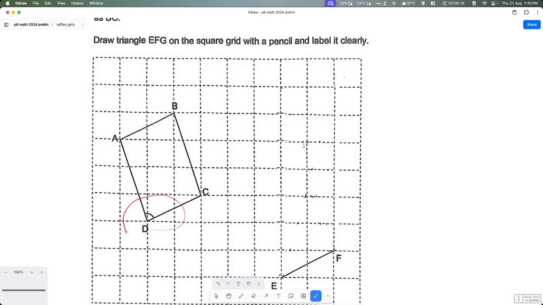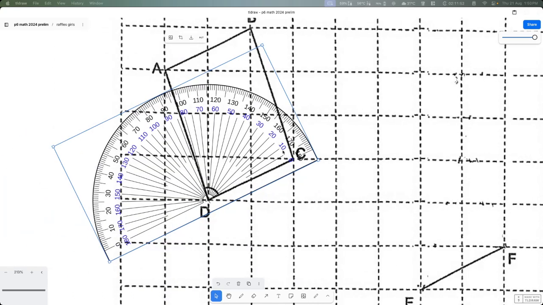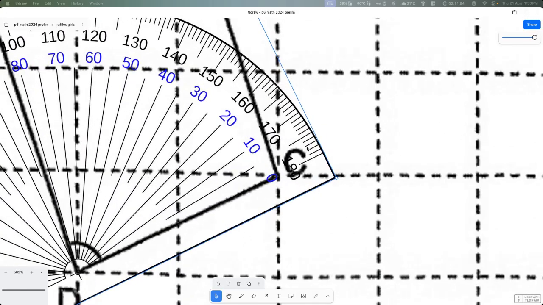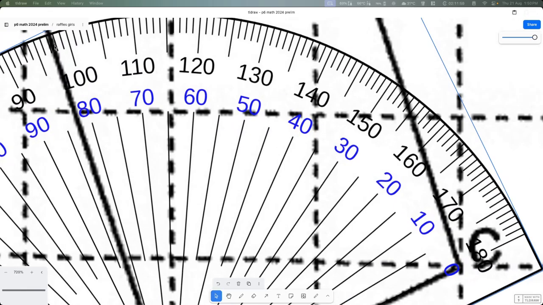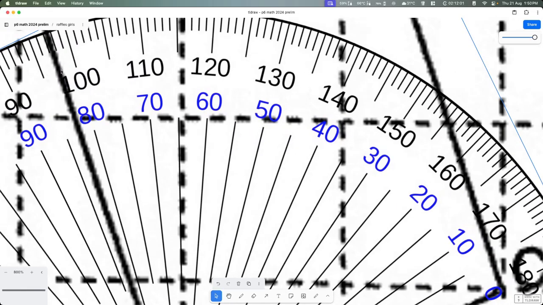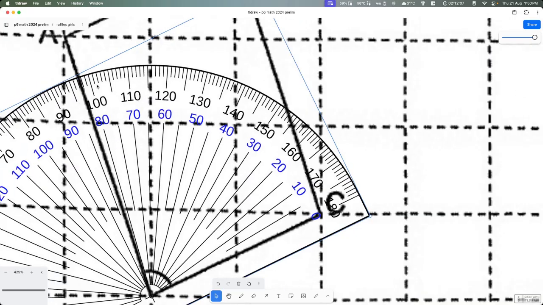Over here, let's measure ADC. I have my protractor over here. If we zoom in, you can see that ADC is roughly around 80, 81, 82, 83. So around 82, 83, roughly there.